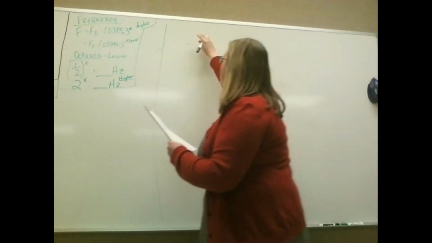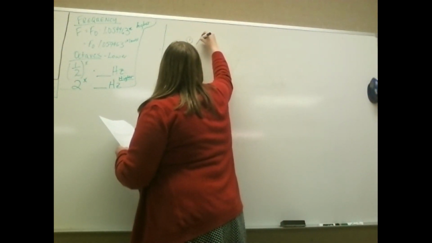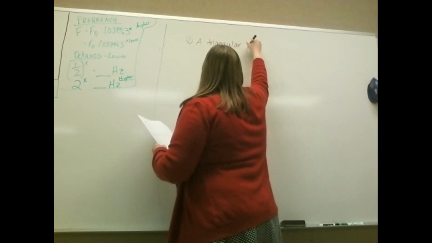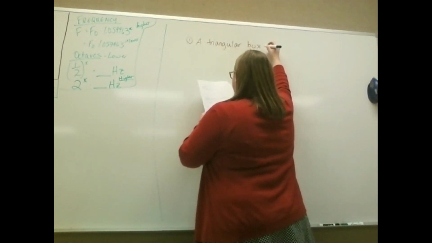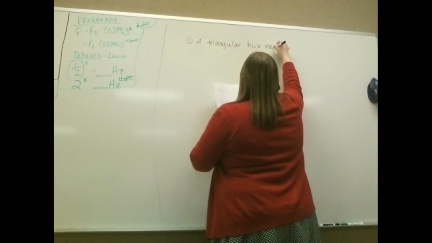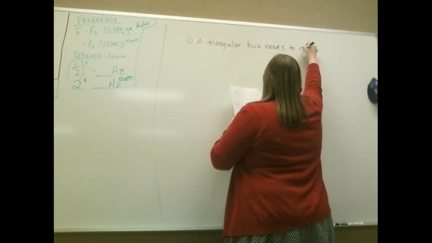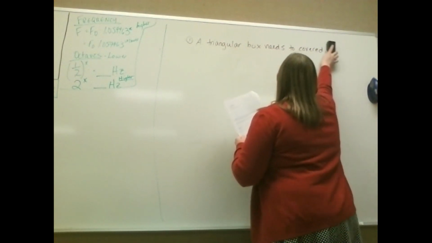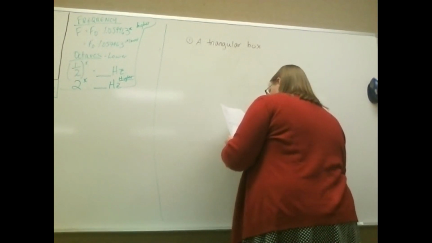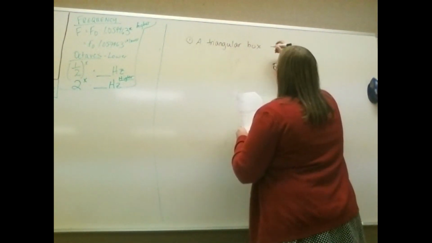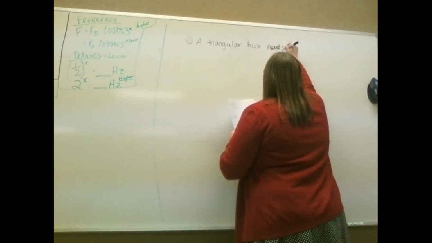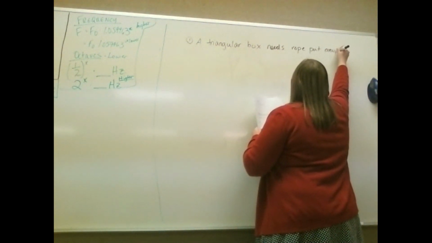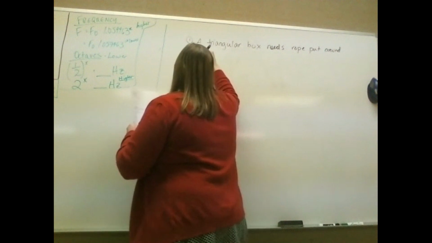So here we go. First word problem. No, wrong problem. I got ahead of myself. A triangular box needs rope put around the outside edge.